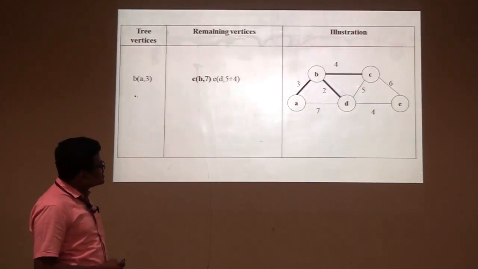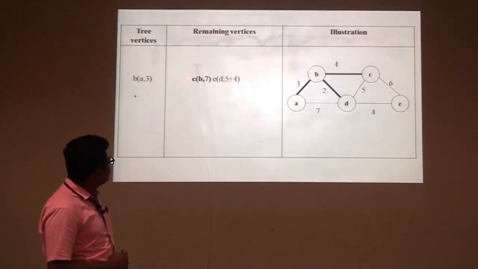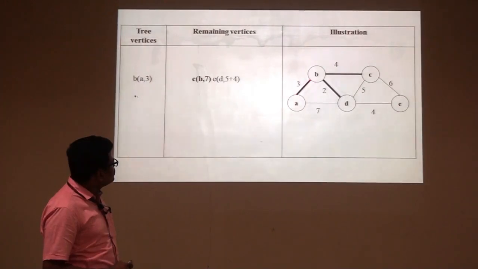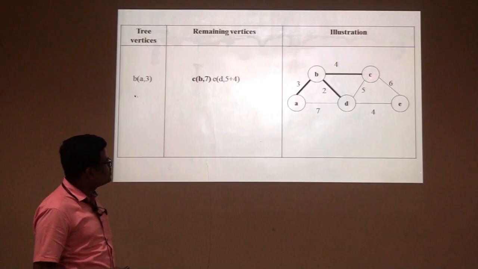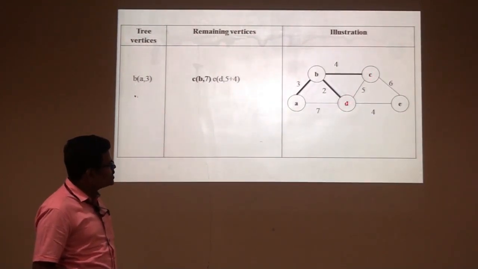The next minimum cost path: from the D vertex we can go to the C vertex, and from the D vertex we can reach the E vertex.